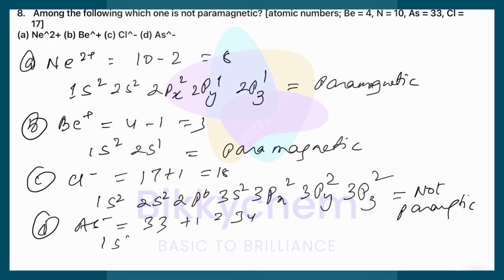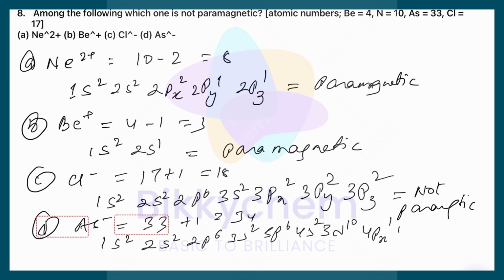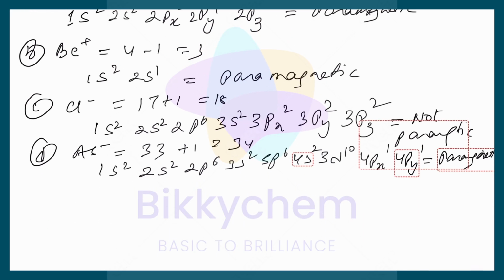So electronic configuration will be 1s2, 2s2, 2p6, 3s2, 3p6, 4s2, 3d10, 4px1, 4py1. So it is also paramagnetic. So our option is C.